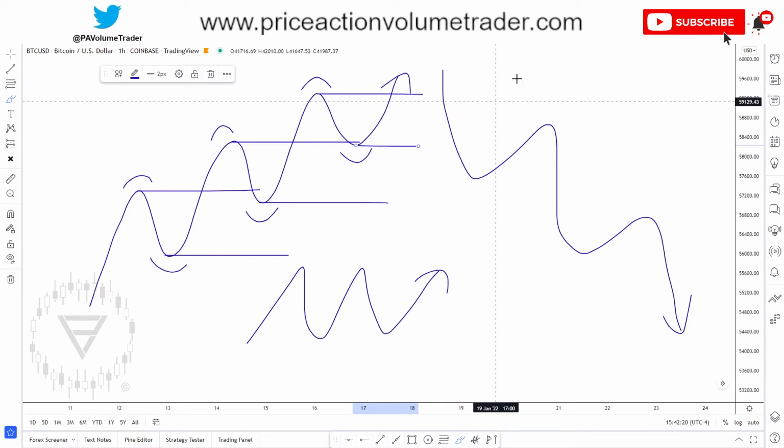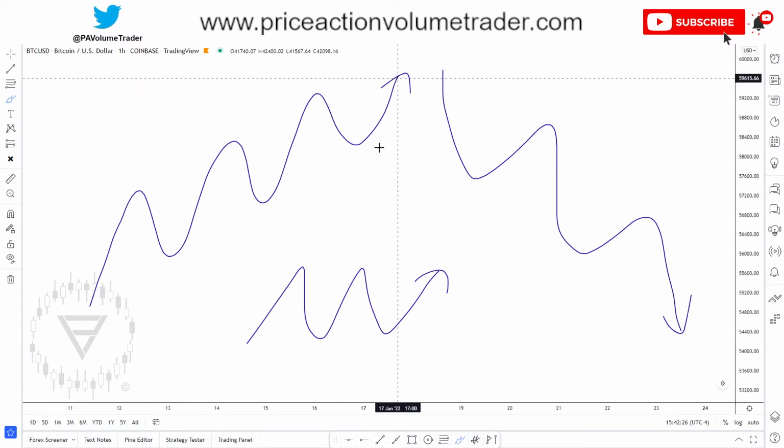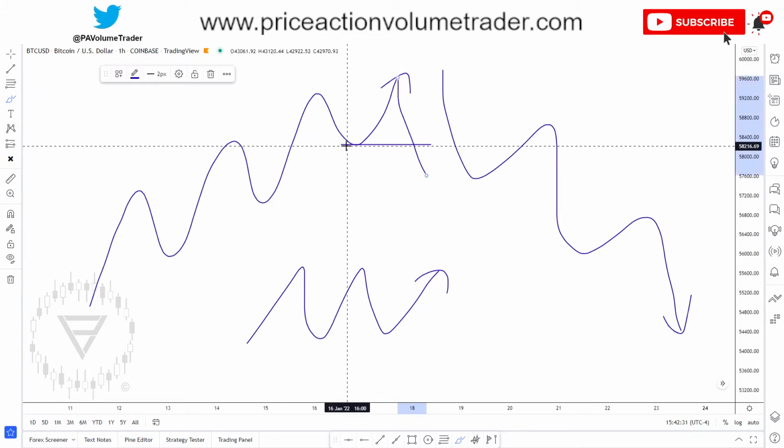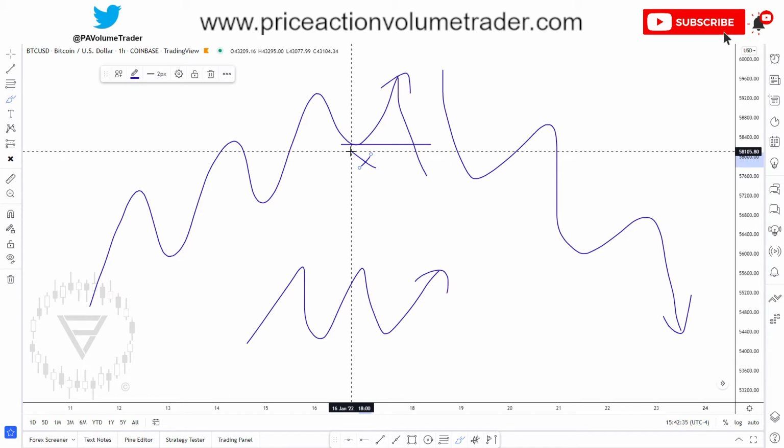And then this is going to keep going. Once we get to a point where price retraces and we break below a previous swing low, then this is what we would call a market structure break.